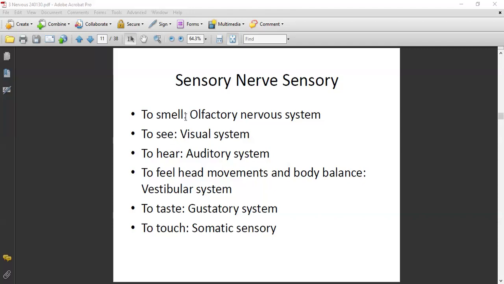So these are chemical receptors, we call them chemoreceptors. We can see, those are photons, light, photon receptor, photoreceptor. We can hear, here is a sound wave. So this one is more mechanical. So we could have the mechanoreceptor, and feeling body balance is also mechanical, and taste will be chemical again.